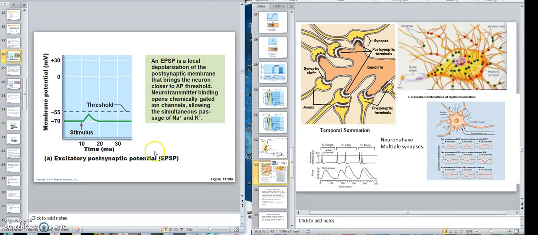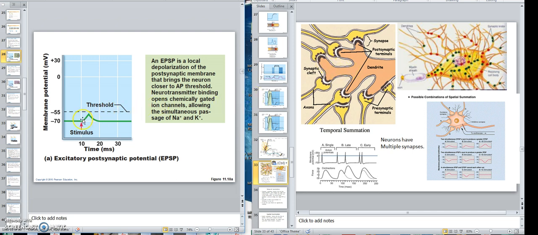An excitatory postsynaptic potential is when a presynaptic neuron, before the synapse, tries to turn on a postsynaptic neuron. What it's attempting to do is make this second neuron reach threshold. Remember, threshold is a positive thing.